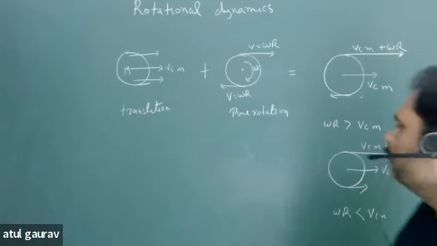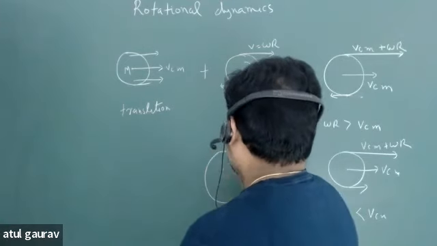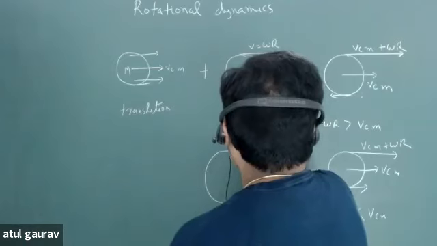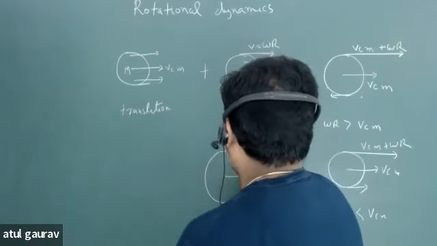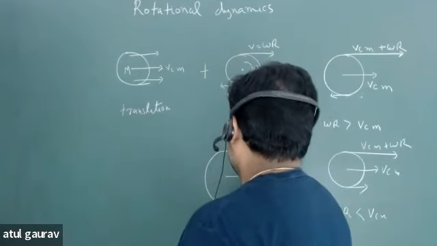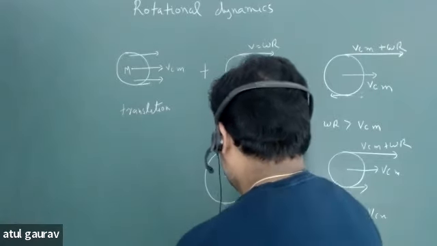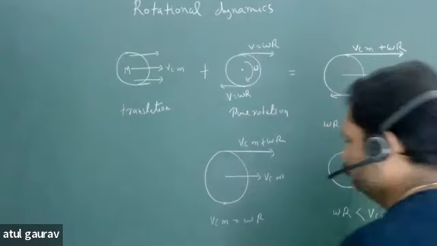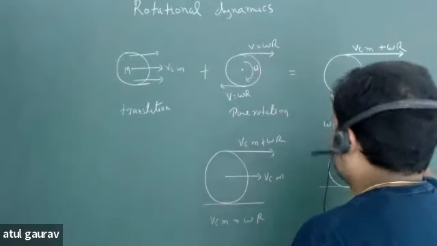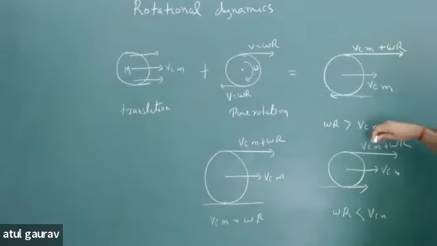And there is a third condition, which is very popular. We have VCM plus omega r, and this point has VCM, and VCM is equal to omega r. So what will happen to this point? That point will be at rest. So we can have this kind of situation, where this point will be at rest.